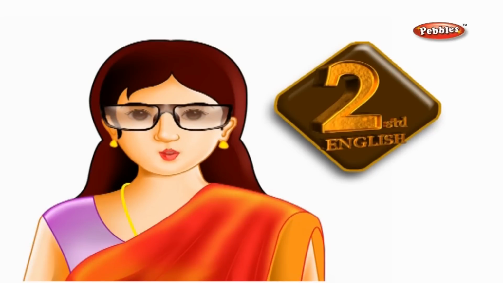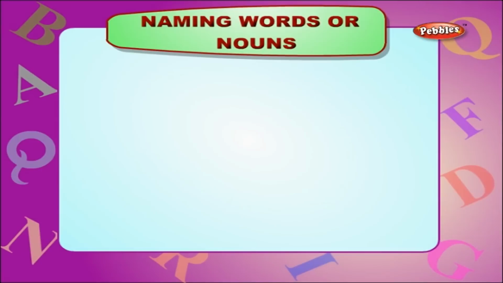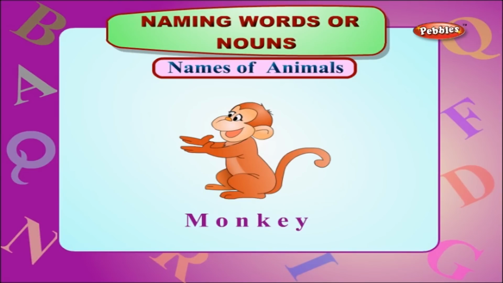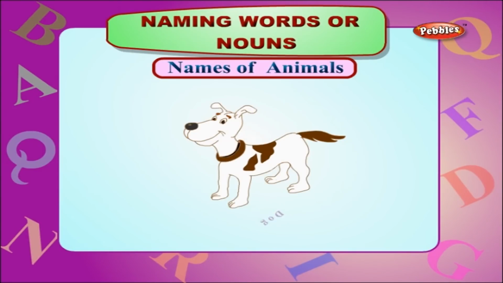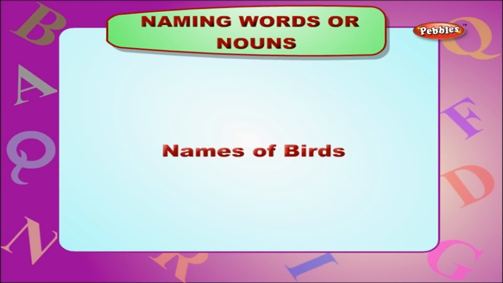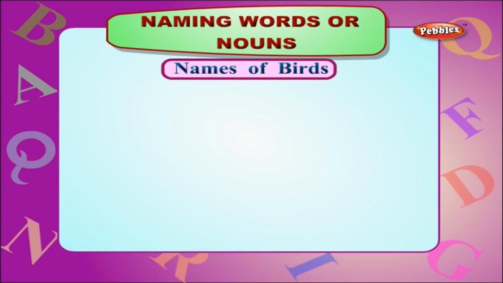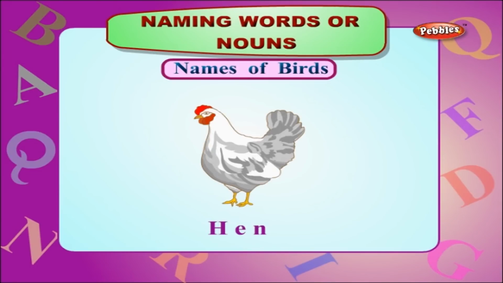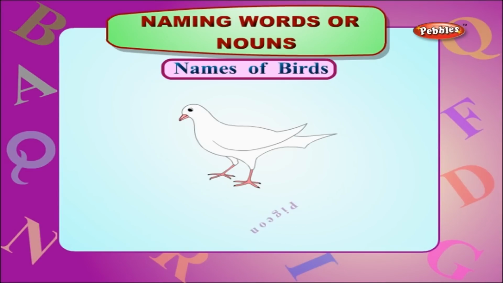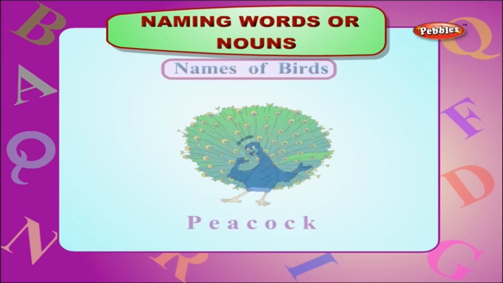Let us now see the different kind of naming words under various groups. Names of animals: horse, monkey, zebra, dog, lion. Names of birds: hen, crow, duck, pigeon, peacock.